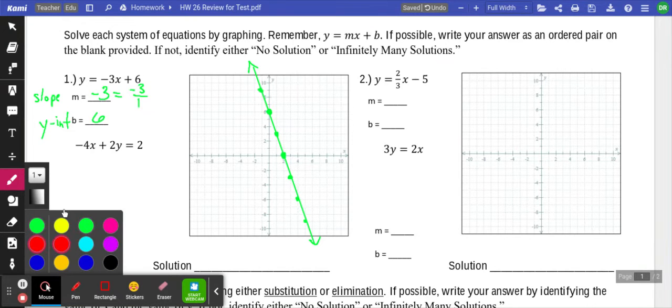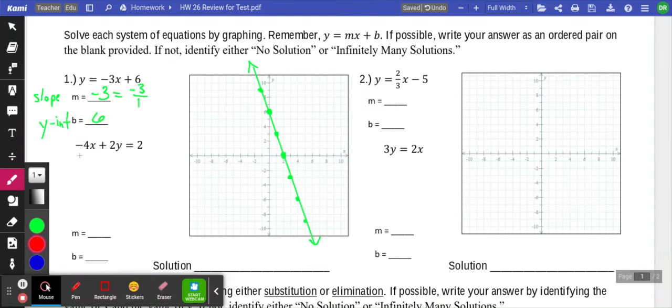For our second line, we see the equation is not in slope-intercept form. So we can fix that. We've practiced that multiple times here. To get y by itself, one thing we need to do is have our x on the opposite side of the equation. So we can add 4x here to cancel with the -4x. And that will give us 2y equals 4x. And since that's a +2, we'll put +2.